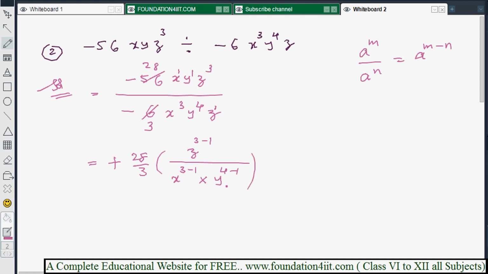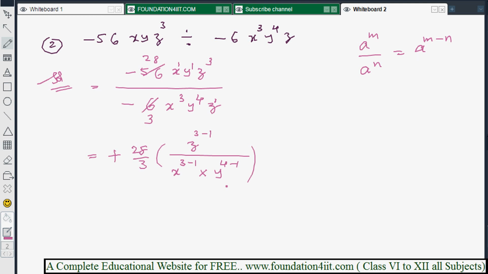Whenever numerator power is more, then take the denominator power only to the numerator place. Otherwise vice versa. So this is 28 by 3, z square by x square and y power 3. So finally we can write 28 z square by 3x square y cube.